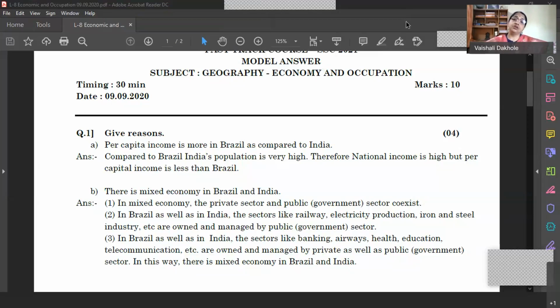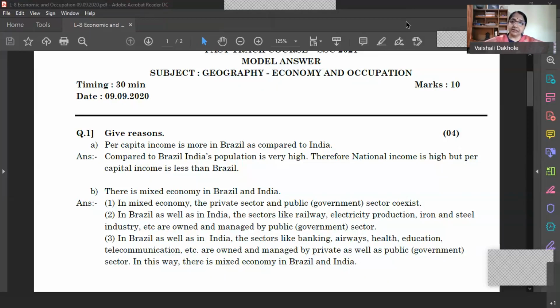But there is a mixture of both capitalist economy and socialist economy in countries like India and Brazil. India and Brazil both have a mixed economy, where there is a coexistence of private sector and public sector. Public sector means the government, and private sector means private industrialists or the capitalists. For example, in Brazil and India, productive sectors like railways, electricity production, and iron and steel industries are owned and governed by the public sector, that means the government sector.